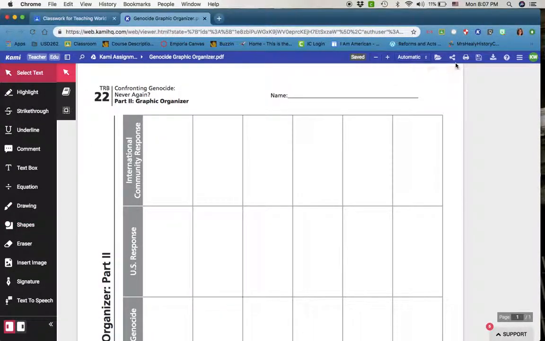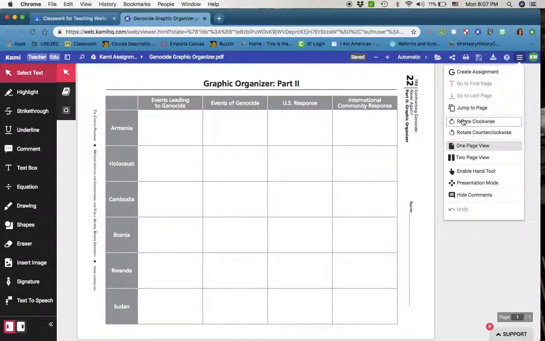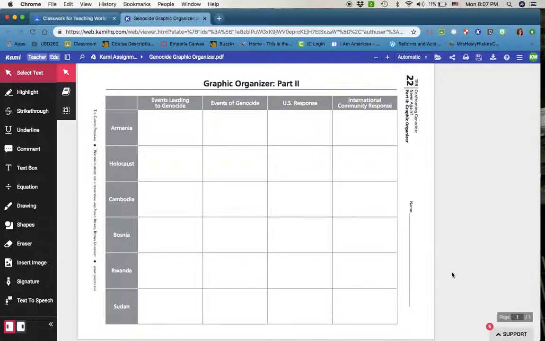Let's see here. Share, print, see. Rotate clockwise. So all I did was go to the three little dashes, do rotate clockwise, and now the graphic organizer is facing the correct way.